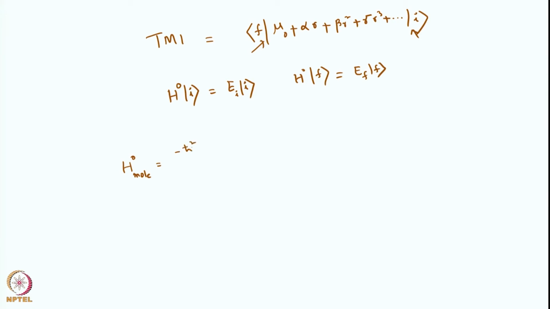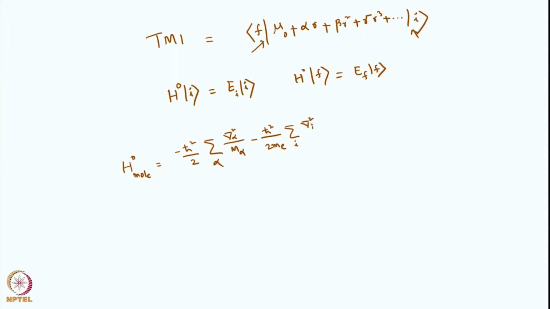minus H bar square by 2 sum over alpha del square alpha by m alpha, that is the kinetic energy of the nuclei where alpha is its index, minus H bar square by 2 me sum over i del square i, where i is the index on the electrons.